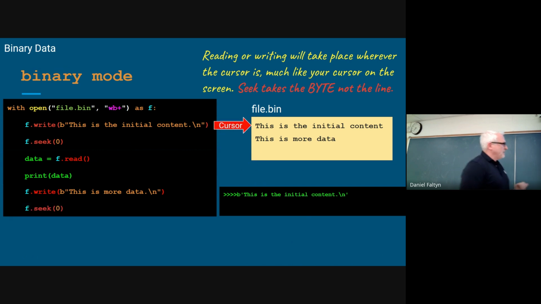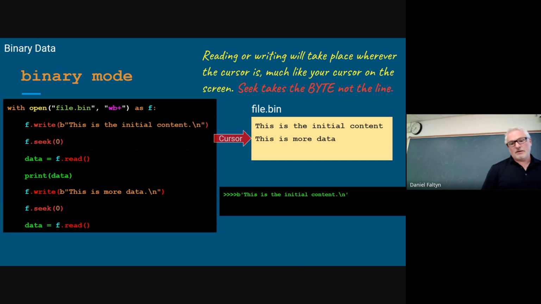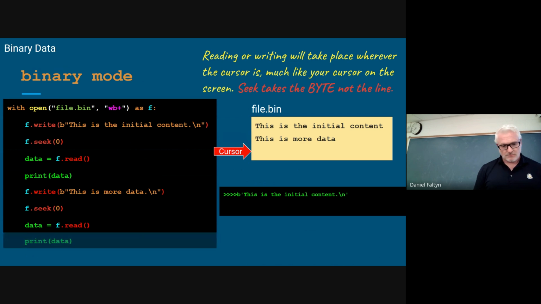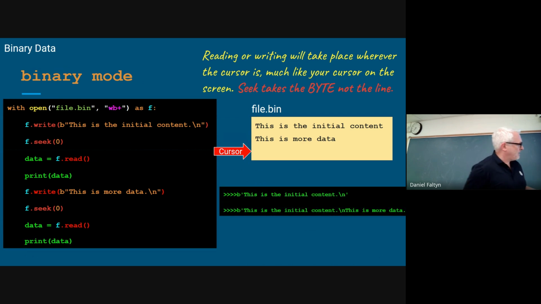Here, I seek again. I seek 0, then I go to the top of my file. And now I read. The cursor moves all the way down to the bottom. And the entire contents of that file now lives in that data string. And if I print it out to the screen, notice here that the first print resulted in printing that first line.